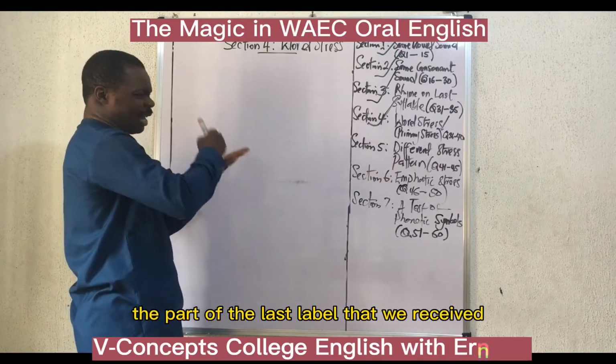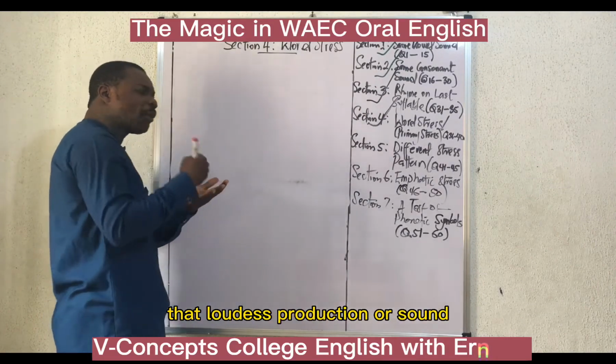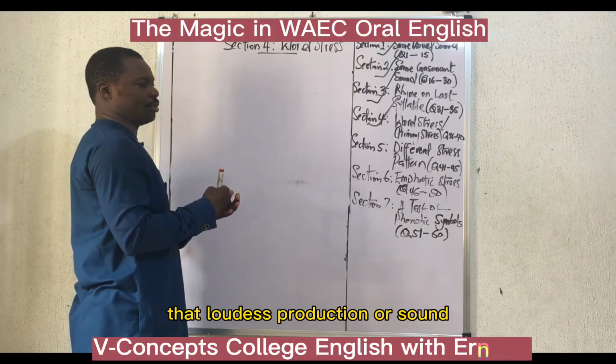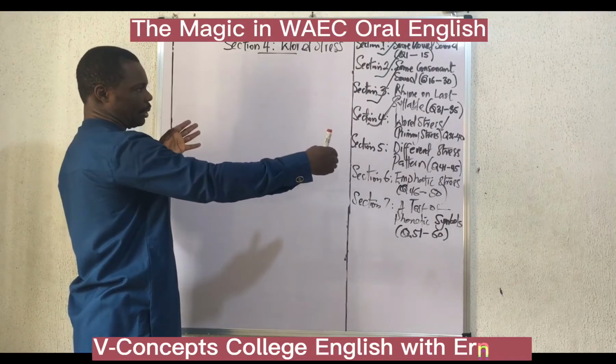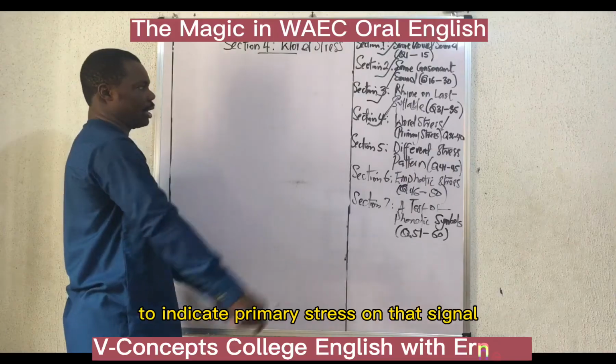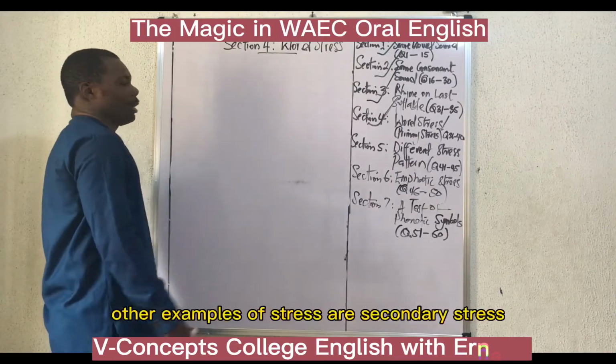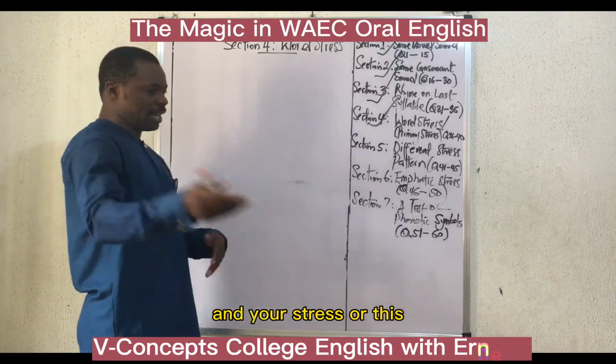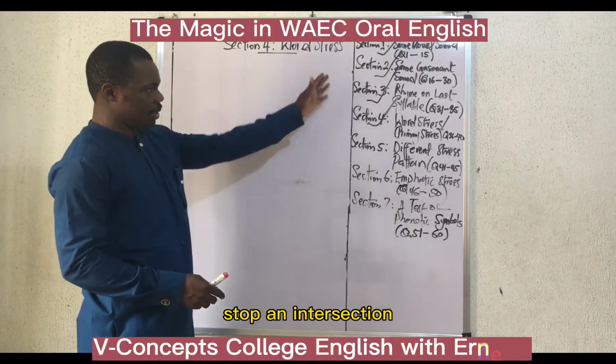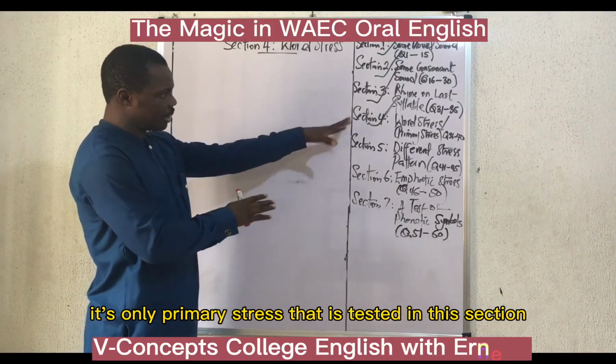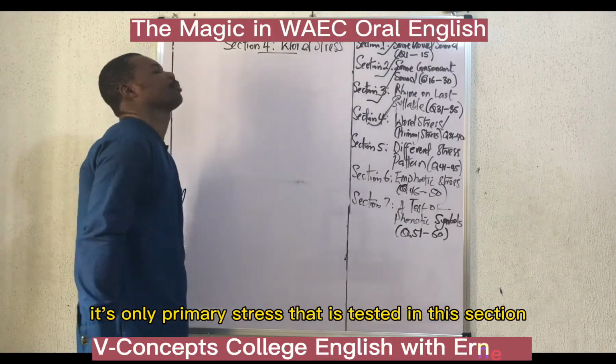The particular syllable that will receive that loudest production is usually written in capital to indicate primary stress on that syllable. Other examples are secondary stress, but these are not tested here. It's only primary stress that is tested in this section.